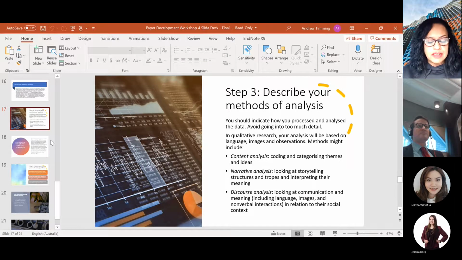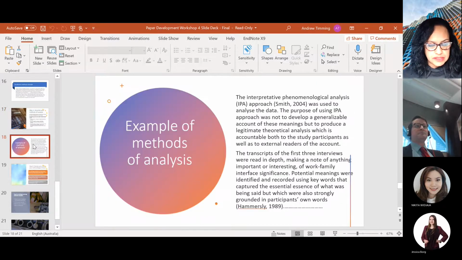It could be narrative analysis, looking at storytelling, structures and tropes and interpreting their meaning, or it could be discourse analysis, which means looking at communication and meaning, including language, images, and nonverbal interactions in relation to their social context. So in the next slide, I've put in another example from one of my papers.